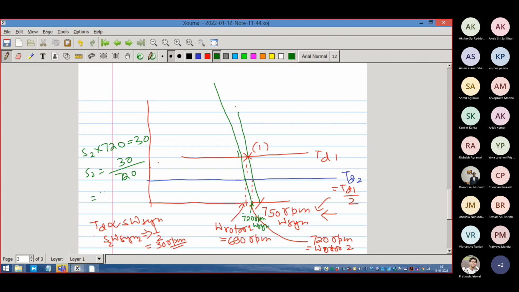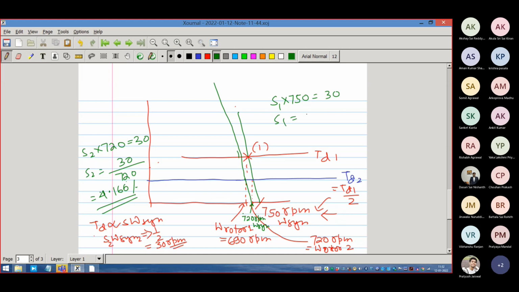So the slip is now slightly different: 4.166%. In the original characteristics position, it would have produced half the torque at a slip where, taking 750 RPM, S1 into 750 is equal to 30.